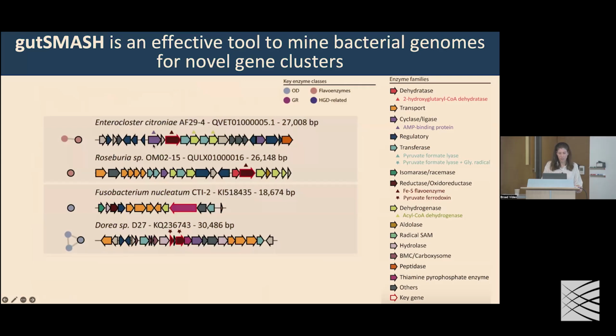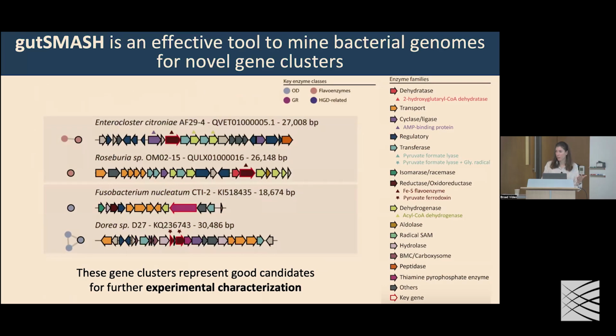This one encodes a flavoenzyme, and the neighborhood where you can find this flavoenzyme seems to be very interesting because it's associated with an AMP binding protein and also an acyl-CoA dehydrogenase. We wanted to highlight these kinds of pathways because we think they are interesting, and that these might be characterized further and might help to uncover novel pathways.